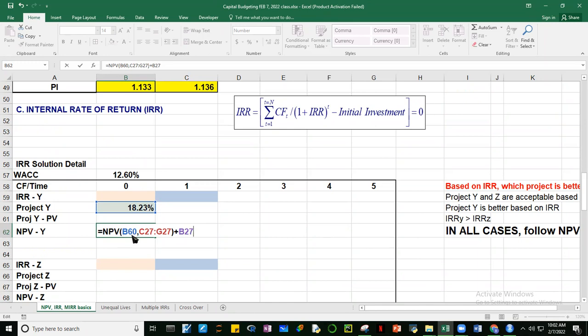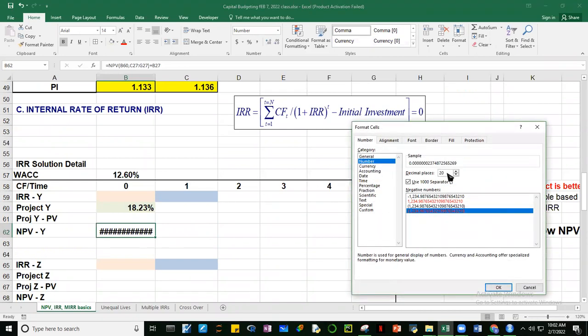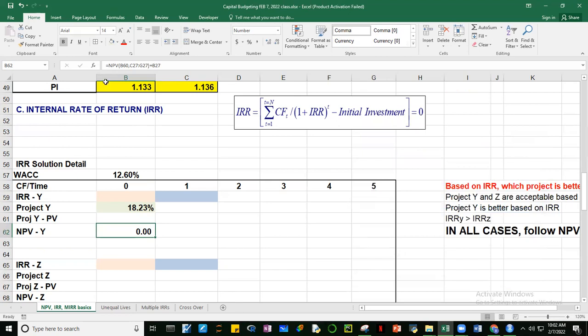We're computing for the NPV at the IRR of project Y. And what do you get there? Okay, so the NPV of project Y, based on the weighted average cost of capital that's equal to your IRR will be 0.